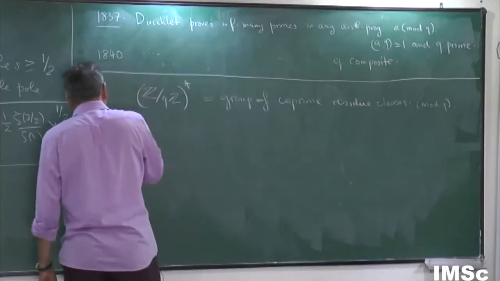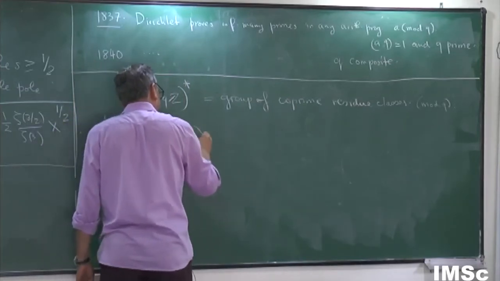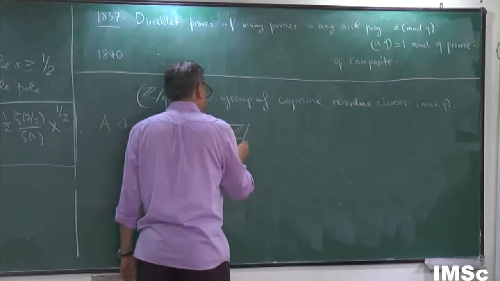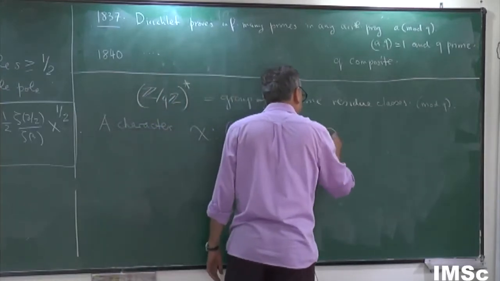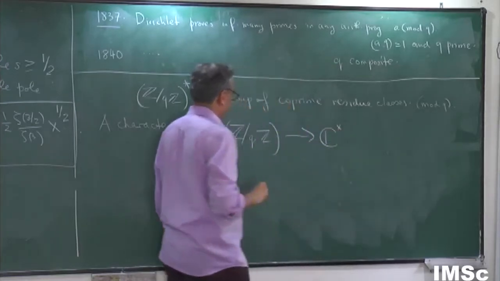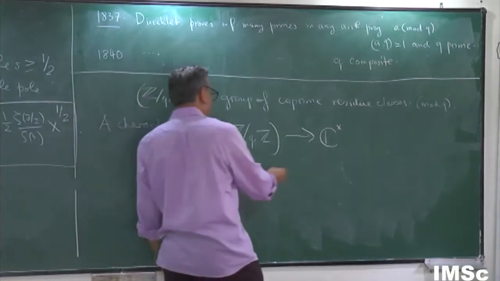A character is a mapping into the multiplicative group of non-zero complex numbers. It's a homomorphism.